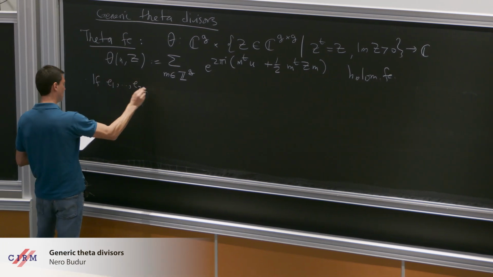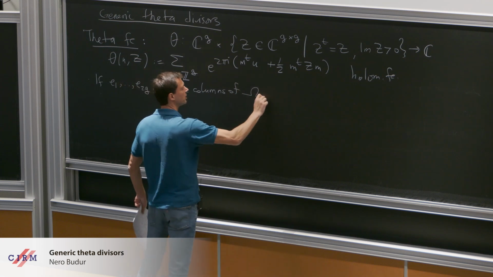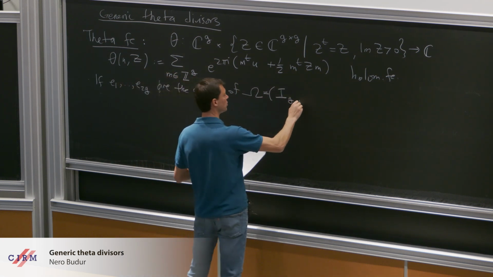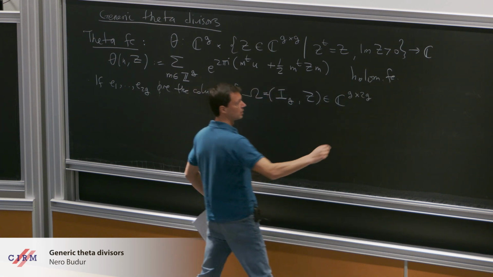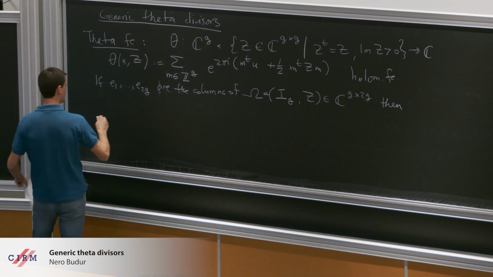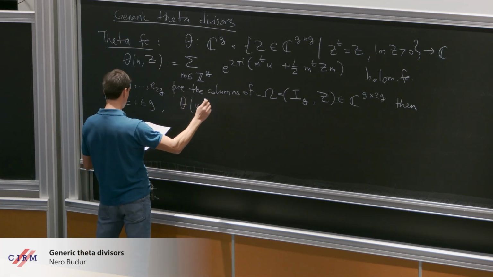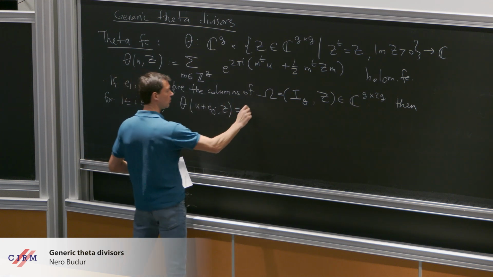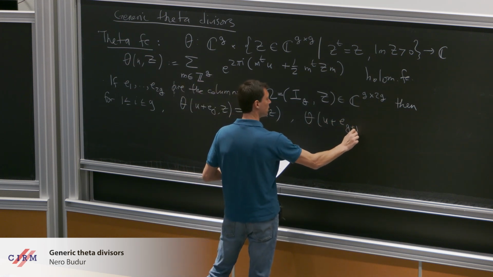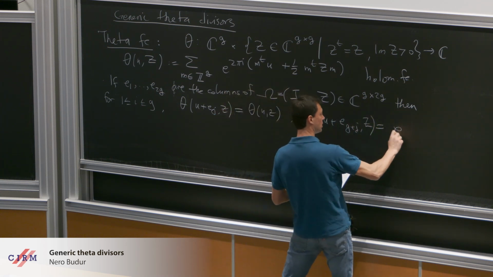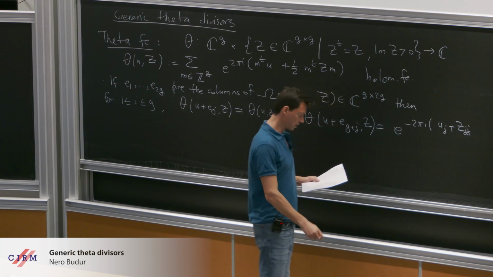If e_i are the columns of the matrix omega formed by taking the identity matrix g by g and adjoining the matrix Z, then for j between 1 and g, we have the following periodicity: theta of u plus e_j is theta of u, Z, and theta of u plus e_{g+j} Z is e to the minus 2 pi i u_j minus pi i Z_jj times theta of u, Z. Z_jj is the element on the diagonal of Z.